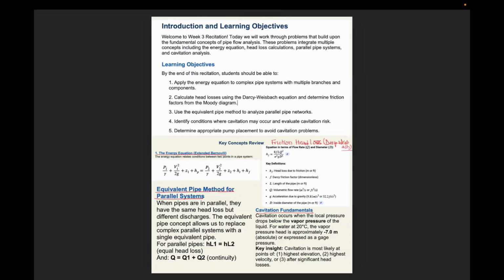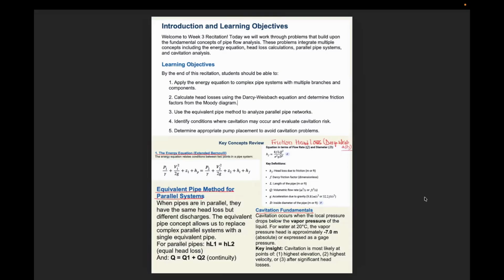So why is cavitation dangerous in hydraulic systems? What physical damage can it cause? Because bubble collapse creates shock waves that can erode pipe walls and pump impellers. This can impact the aging of pipes, so cavitation is dangerous in hydraulic systems.